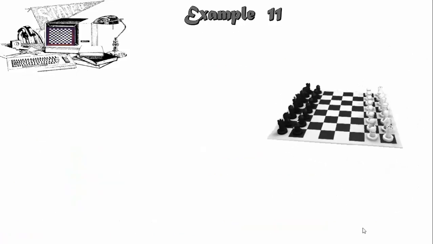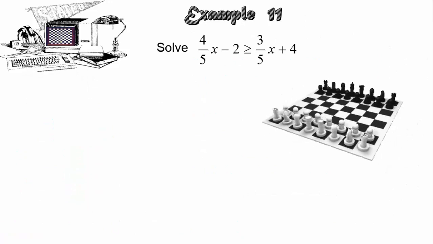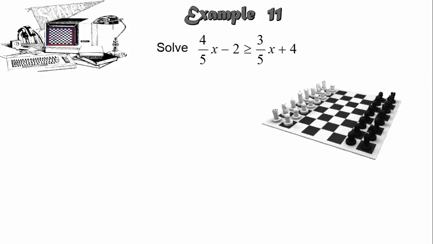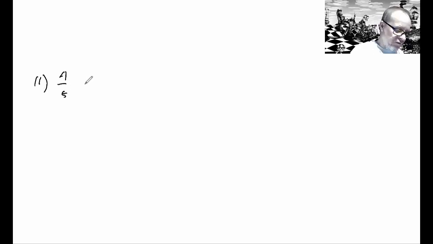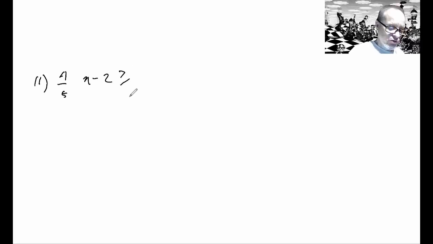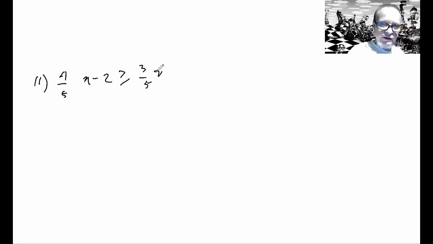In example number 11, we're asked to solve this inequality. So let us go over to the whiteboard and work this one out. In example number 11, we have 4 over 5 times x minus 2 is greater than or equal to 3 over 5 times x plus 4.